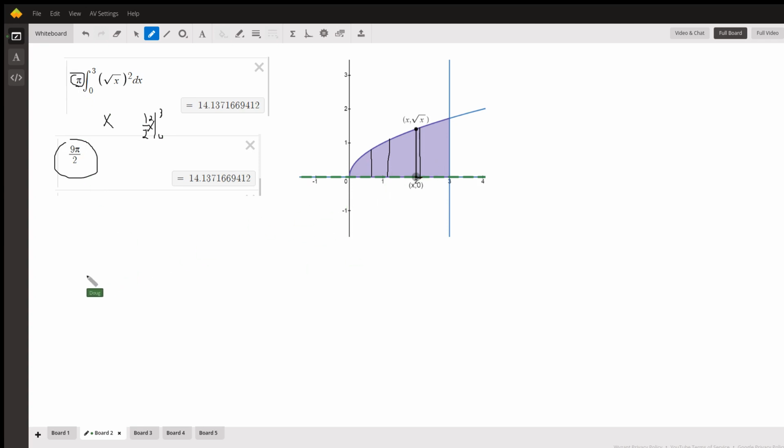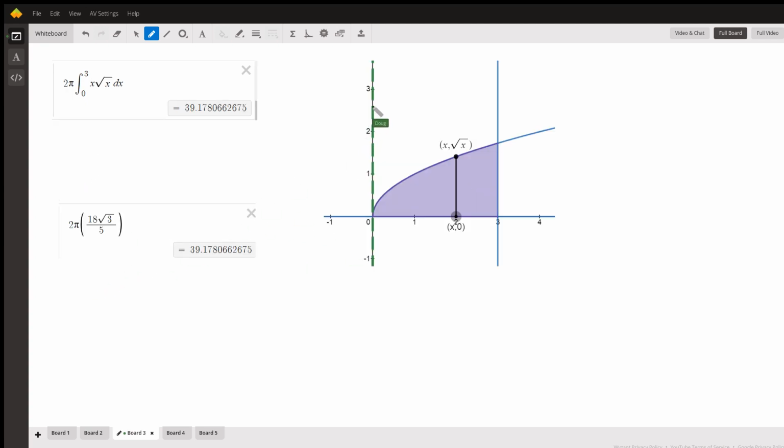Now, if we're going to revolve around the y-axis, it's much easier to use the shell method than it is to use the disk method, although you could use the disk method. So here's our typical shell, and the height of that shell is the square root of x minus 0.